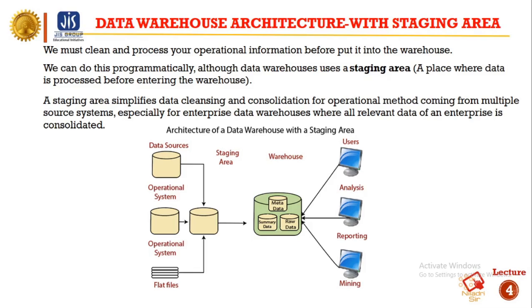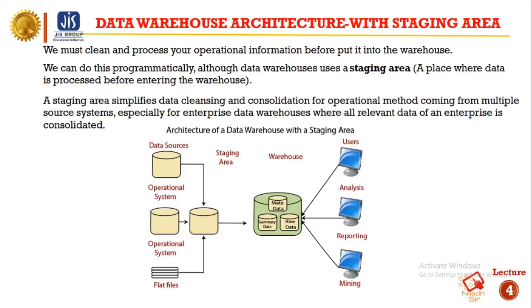Data warehouse architecture with staging area. In this case we must clean and process our operational information before putting it into the warehouse. Next, we can do this programmatically, although data warehouses use a staging area. Staging area means a place where data is processed before entering the warehouse.